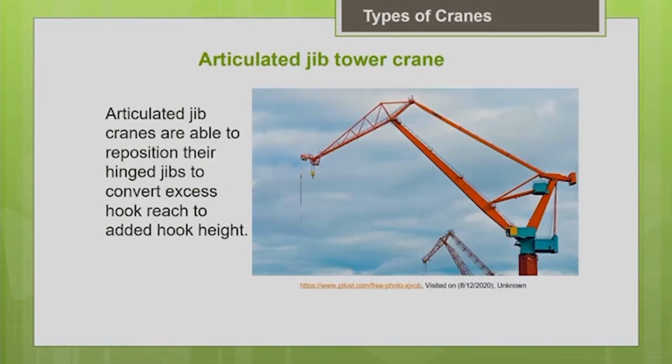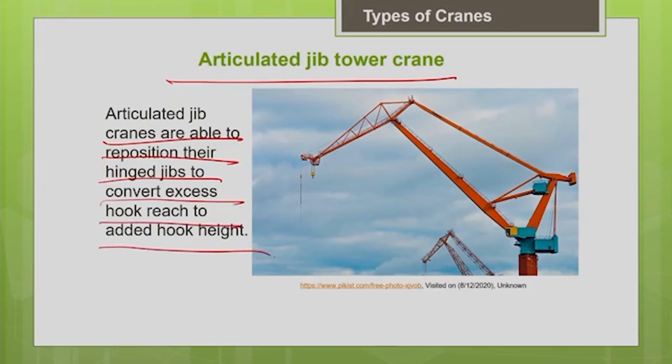There is another type of jib, apart from the horizontal boom and luffing boom: the articulated jib tower crane. You can see the picture. These articulated jib cranes are able to reposition their hinged jibs to convert excess hook reach into added hook height.